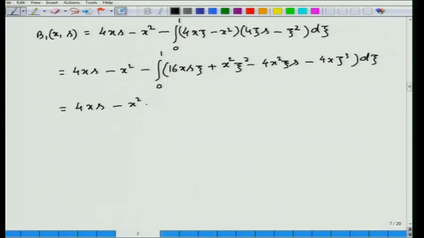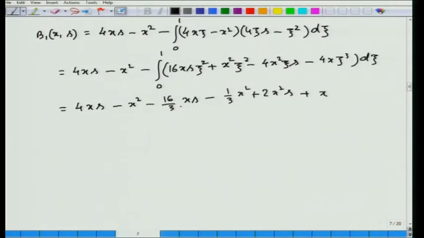Evaluating this integral, you can find 4xs minus x square minus, from the first term, 16 by 3 xs, then minus 1/3 x square, because the integral of xi square from 0 to 1 is 1/3.